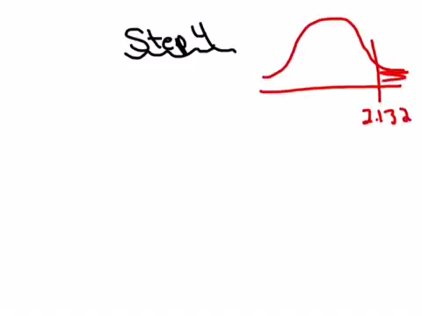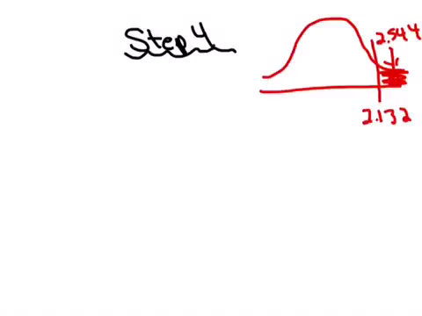So anything that falls over here is significant. Well, our t obtained was 2.544, which is probably over here somewhere. So it is significant.